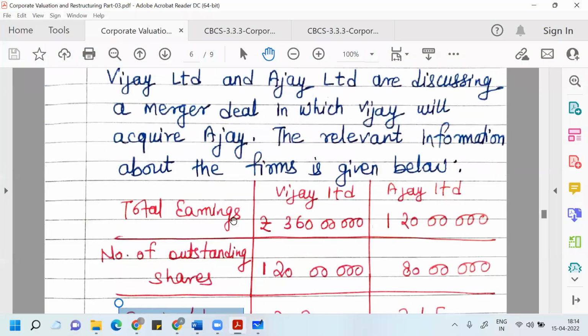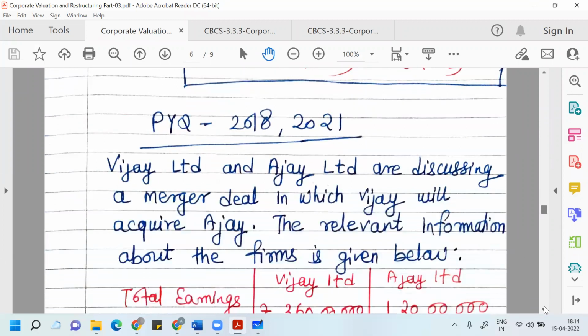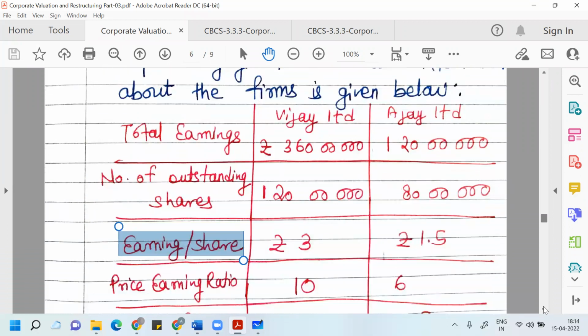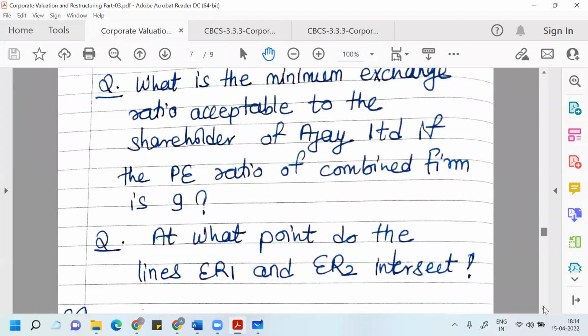Now, in the question, they will ask you at what point do the lines ER1 and ER2 intersect? So this is the third question which always comes in the exam.